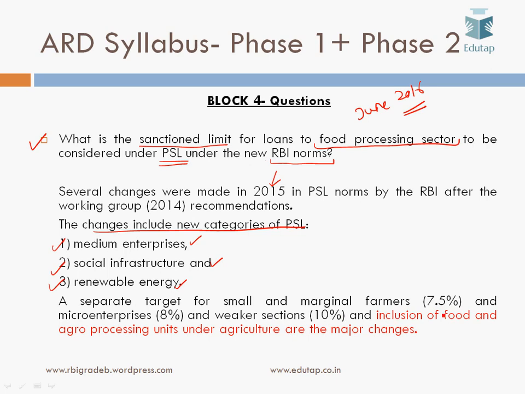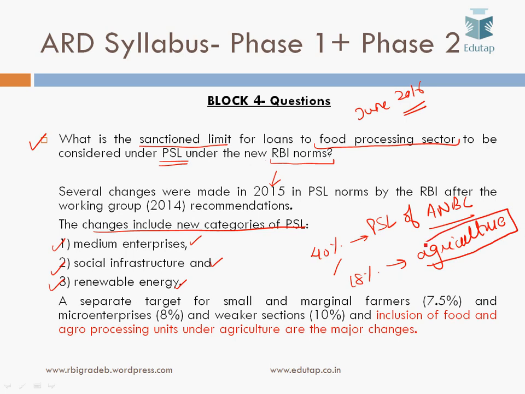And inclusion of food and agro processing units under agriculture were the major changes that were made. So if a bank has to carry out 40% PSL of its adjusted net bank credit, that is ANBC, out of this 40%, 18% is to be devoted to agriculture. As per the changes made in 2015, food and agro processing units were included under the main heading of agriculture.